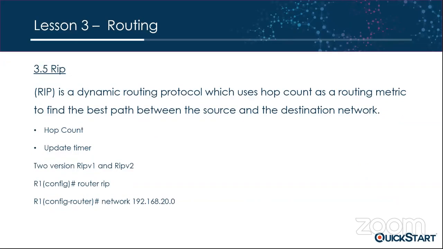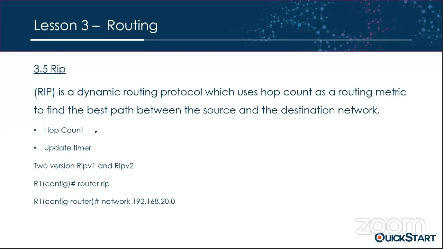All right, the distance vector protocol RIP is, as I told you, a dynamic routing protocol which uses a routing metric to find the best path between the source and destination. That's the basis for the routing. It depends upon the hop count, which basically refers to the router, and the timer.